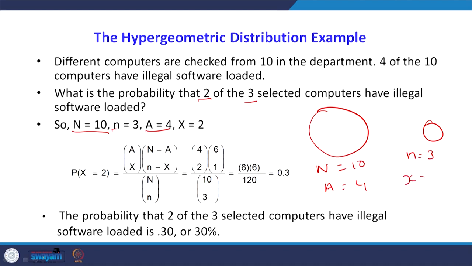Then what is the probability that 2 out of 3 selected computers will have illegal software loaded? When you substitute, everything is given, so you will get 0.3. So, what is the meaning of this 0.3? The probability that 2 of the 3 selected computers will have illegal software loaded is 30%.